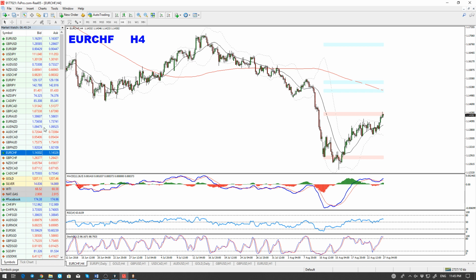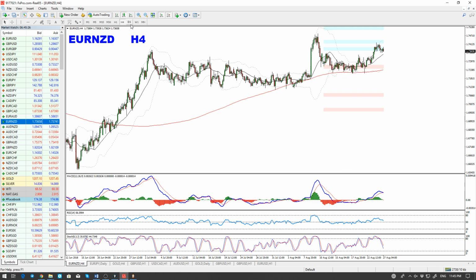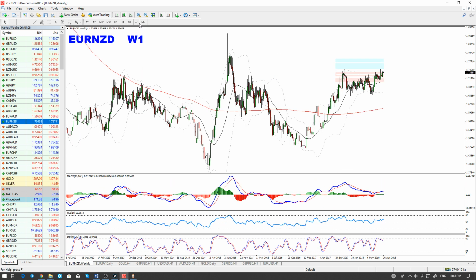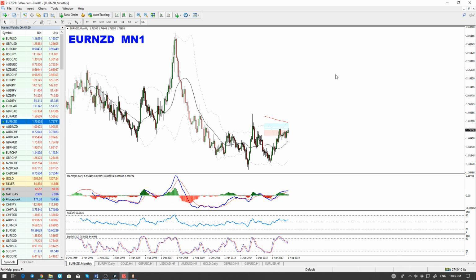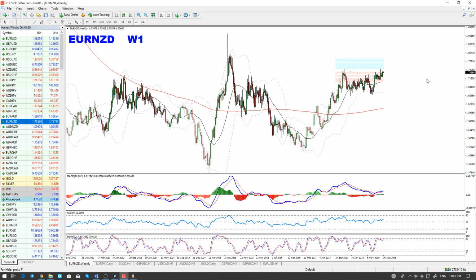Euro New Zealand is the next European pair. This pair is a total mystery. According to the long-term monthly, we are after two waves, 1, 2, so we are still bullish. According to the shorter view, it's funny to call weekly shorter, right? It looks like a possible triple with bearish divergence is developing.